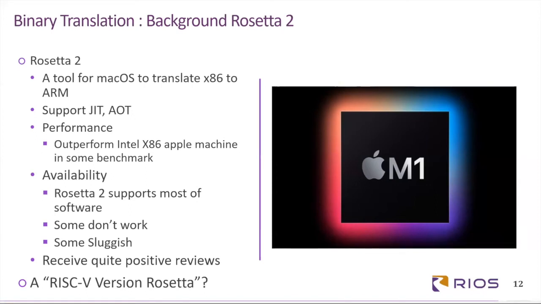Currently Rosetta 2 supports JIT and AOT compilation, and the performance of the M1 chip outperforms Intel x86 Apple machines in some benchmarks, and it supports most software now. Overall, Rosetta 2 received quite positive reviews.